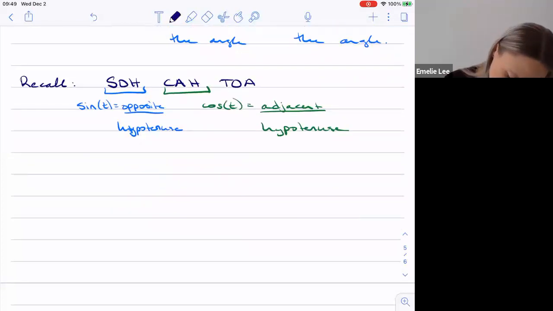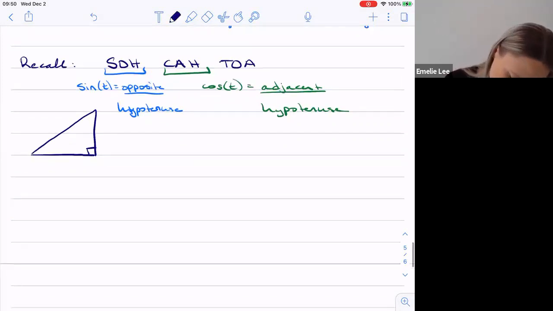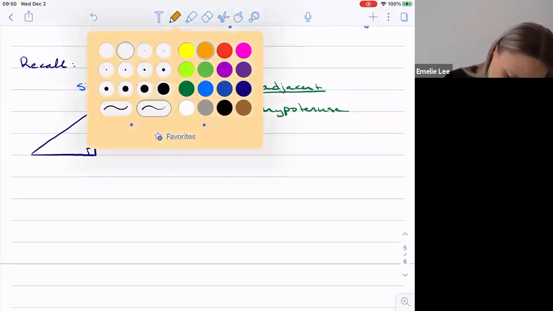And just for your memory, opposite, hypotenuse, adjacent, we need to know which ones are which.